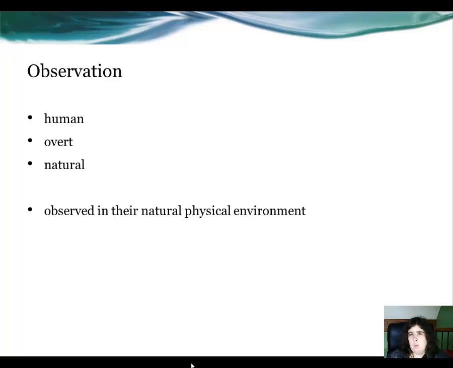I wasn't covert. I actually had a pinafore on saying "observer in place." This was in America when I was doing this. So it was very obvious that people were observing others.